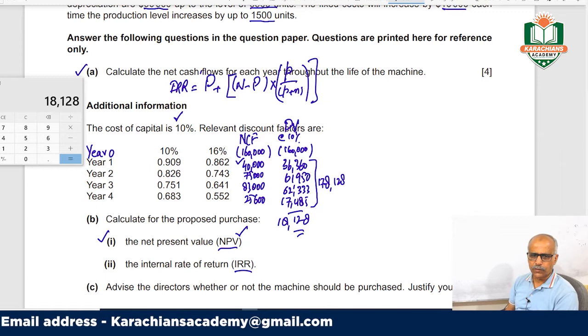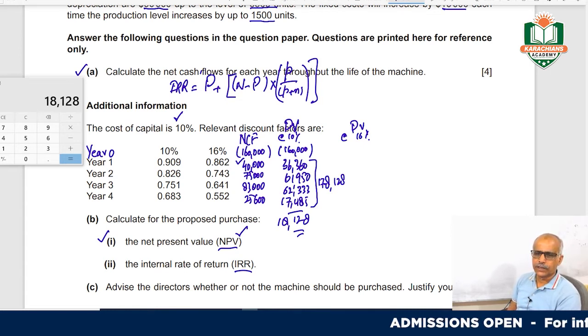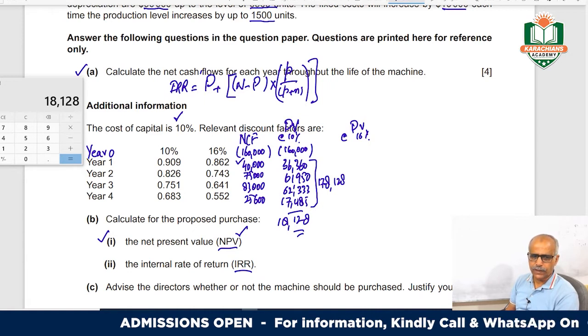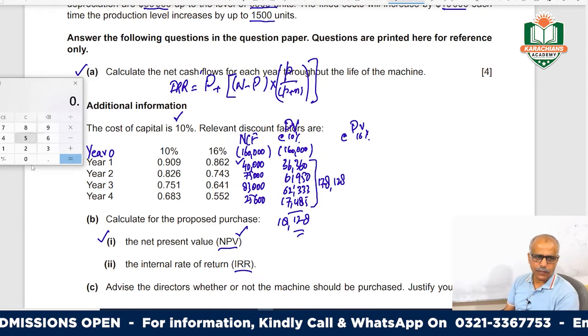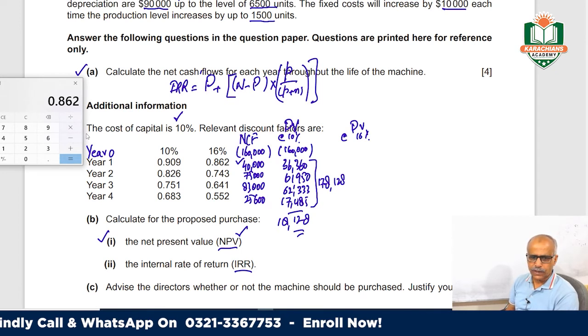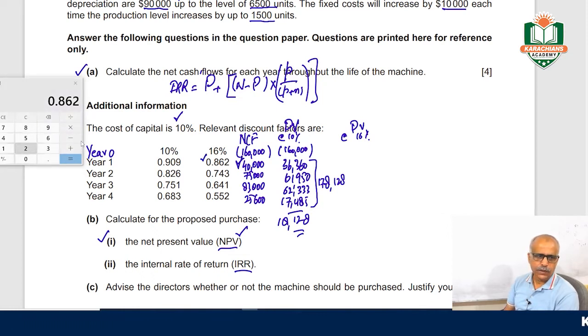Move on to calculate present value at 16% as well, because for an IRR you need this calculation. To calculate present value, 0.862 multiplied by the cash flow. Cash flow is 40,000, so this will be the factor and this will be the cash flow, 40,000.